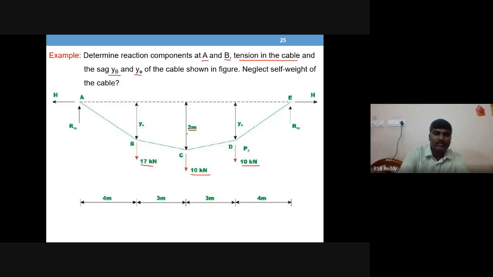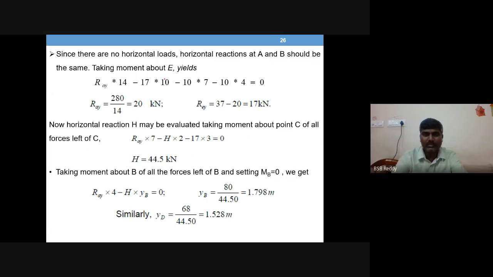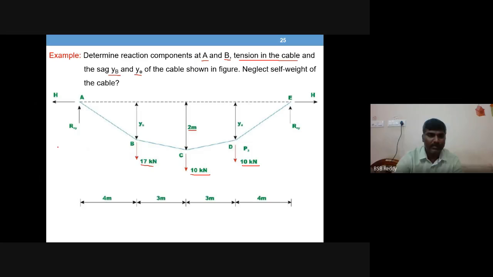Right. So now let us start by applying sigma Fx equals 0. That's the first equation to apply. So this is the total cable free body diagram, because support A is removed, reactions are applied, support E removed, reactions are applied.